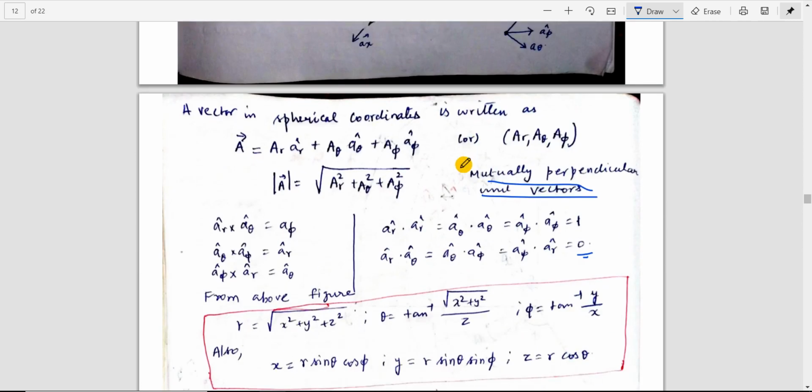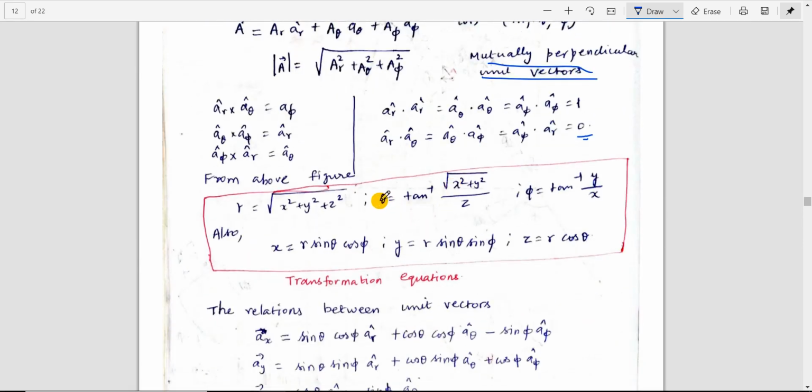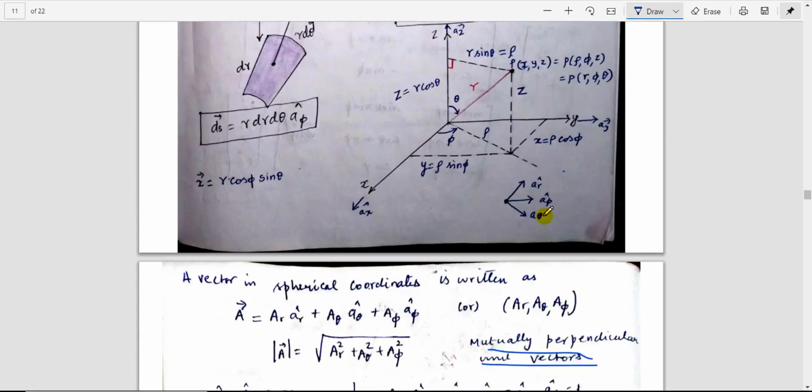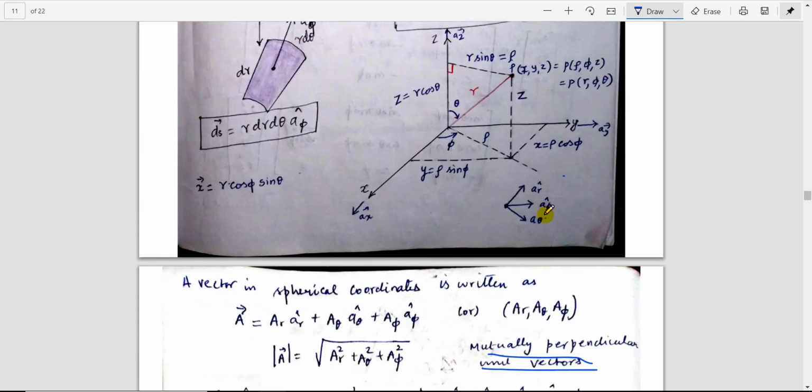So we can mention tan theta is equal to root of x square plus y square divided by z. So theta is equal to tan inverse of root of x square plus y square divided by z. And we can also find out the value of phi.